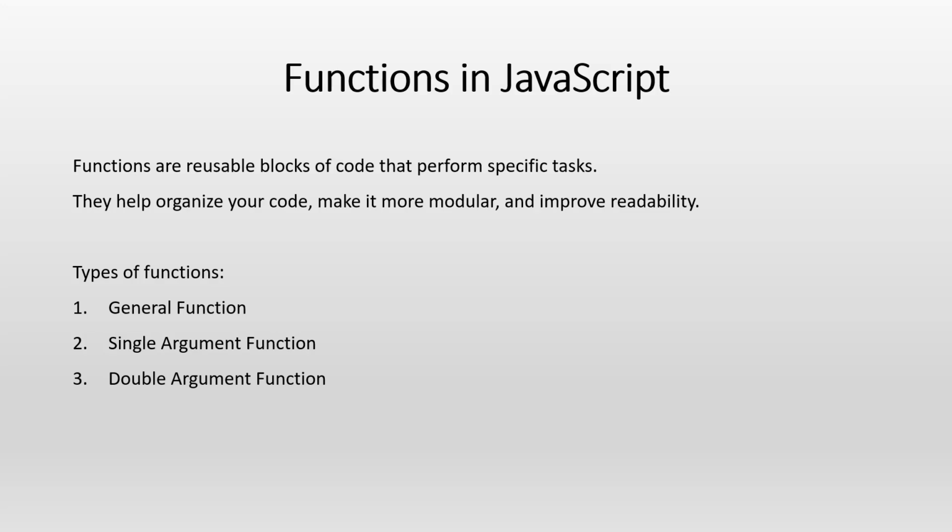With the help of these only, we are going to do a specific task. I mean, we are going to implement functions. They help you organize your code, make it more modular, and improve readability. So with the help of these functions, it's going to make code reusable.